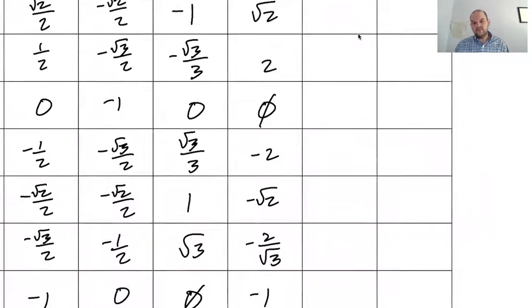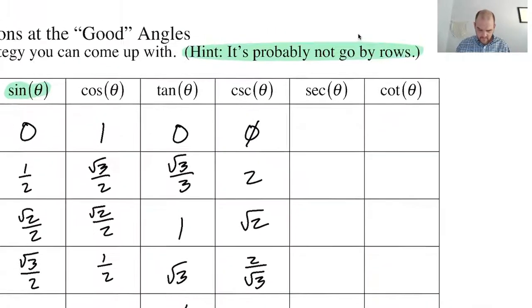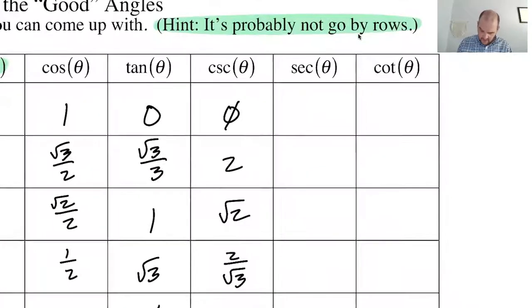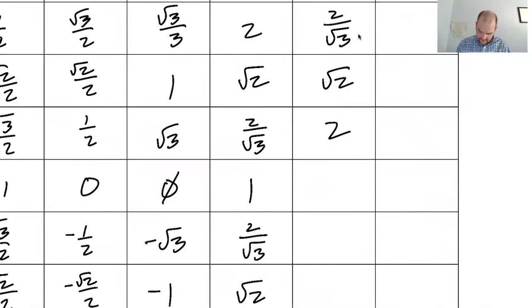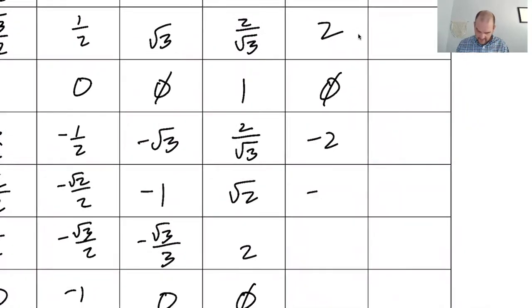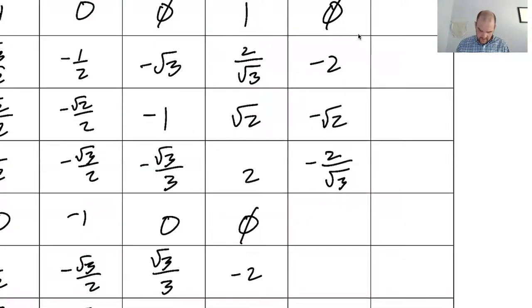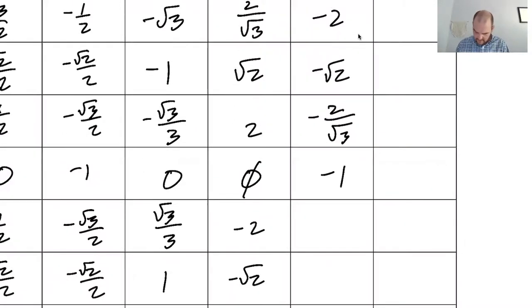All right, and then let's finish this. It's going to be the same kind of deal. Reciprocal, don't rationalize, rationalize, reciprocal, can't divide by 0. Reciprocal, rationalize, just reciprocal. Negative 1, negative 2 over root 3.